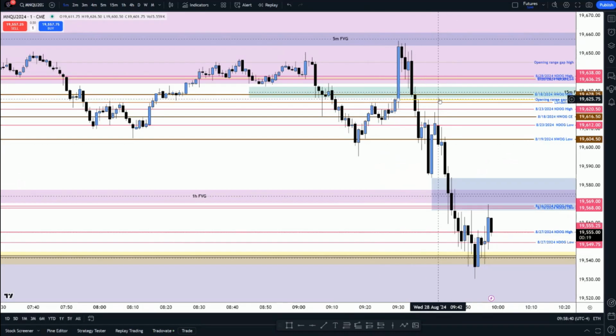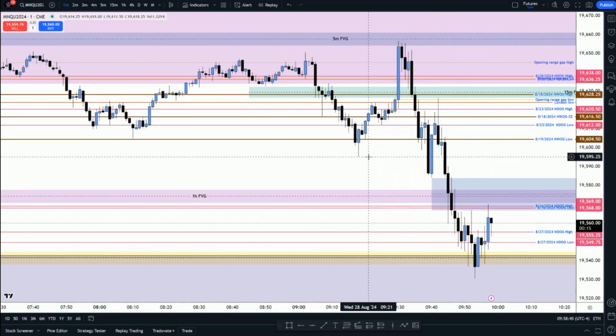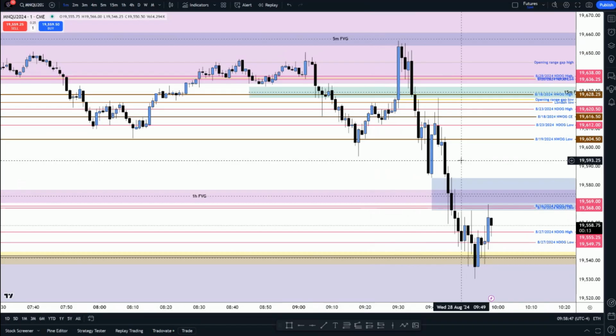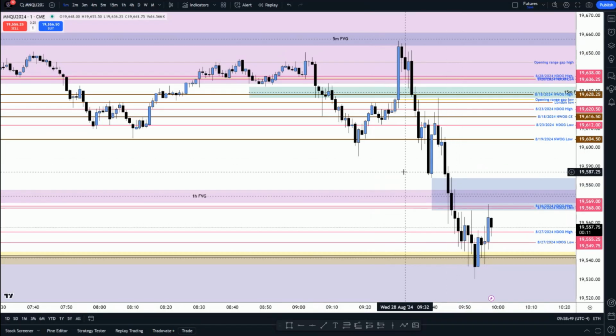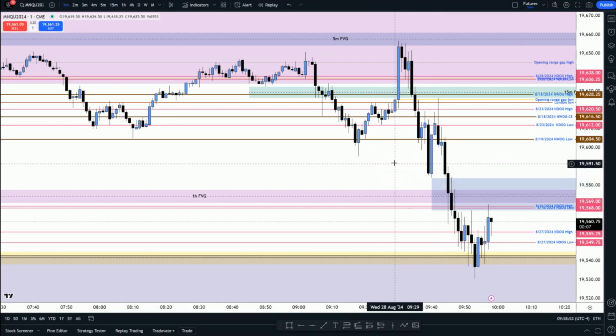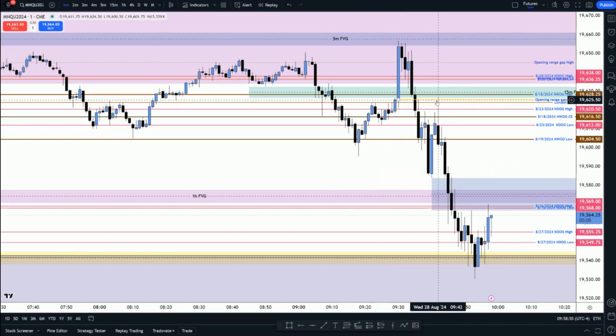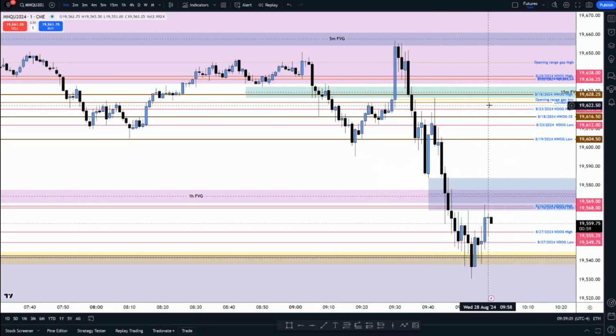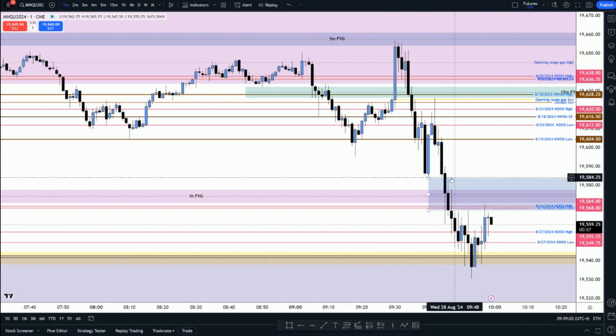It should probably come up to this one. I mean, it'll probably run all the way up, but would be the low-hanging fruit, which is right at the opening range gap low, London low. That'd be more so the low-hanging fruit.